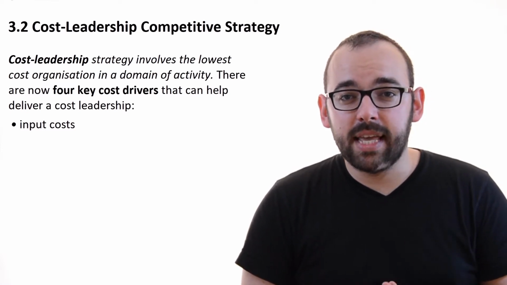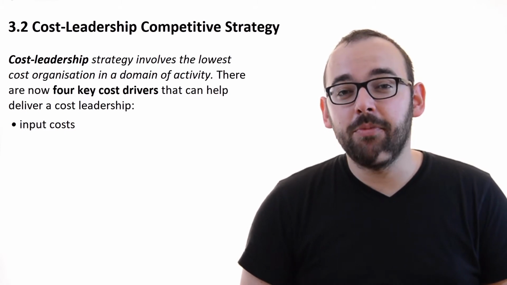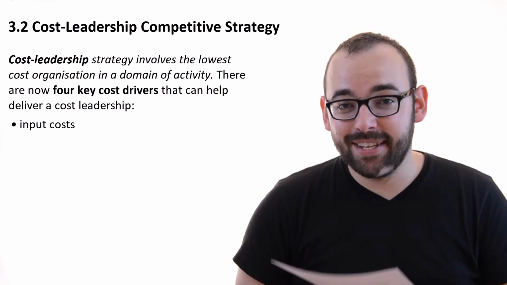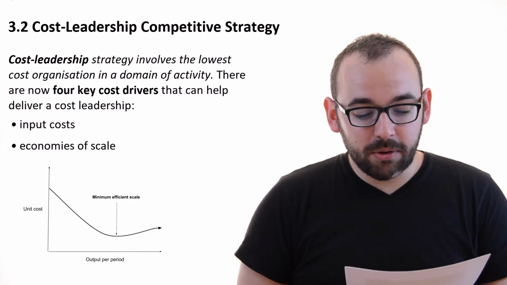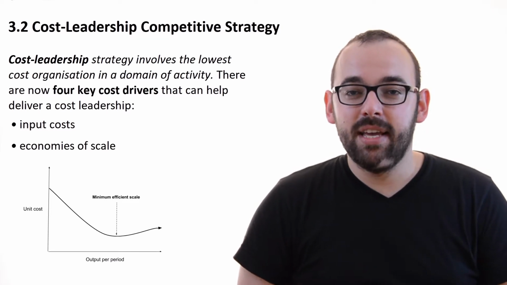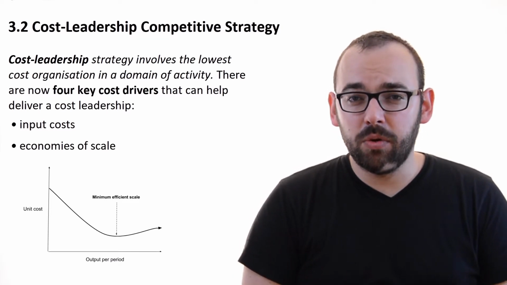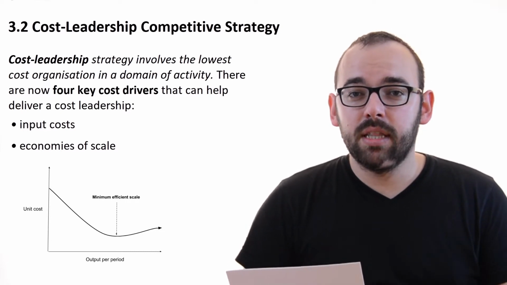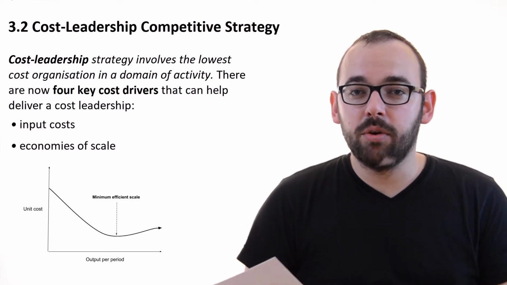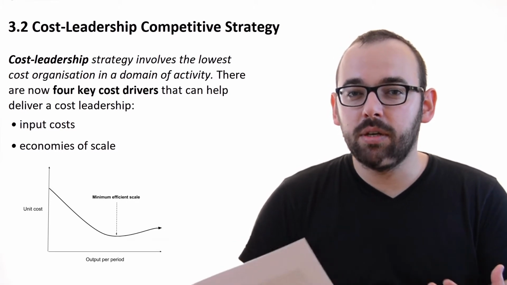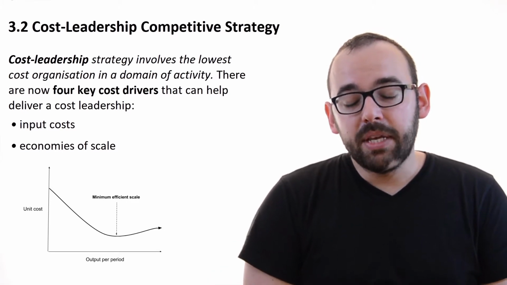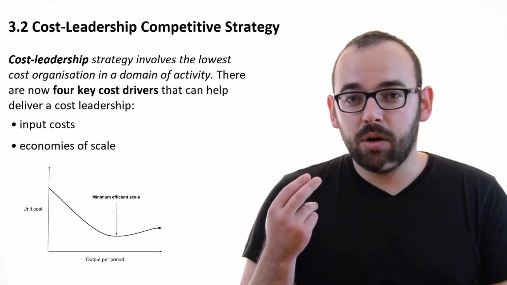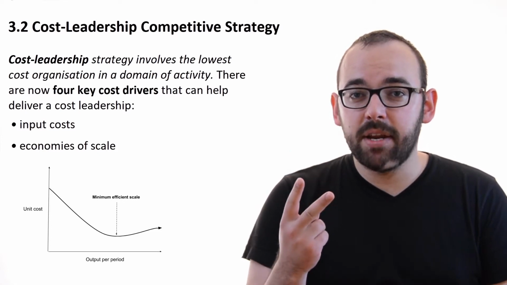So, first of all, we of course have to focus on the input cost, but there is not too much to discuss here. There is much more to discuss at the second point, where we talk about economies of scale. I think this is a very well-known economic term. The more a company produces, the lower the unit cost is going to be. We have to understand 2 concepts: there are always fixed costs and variable costs.